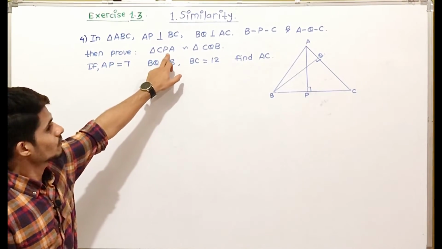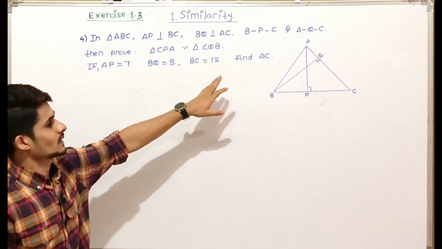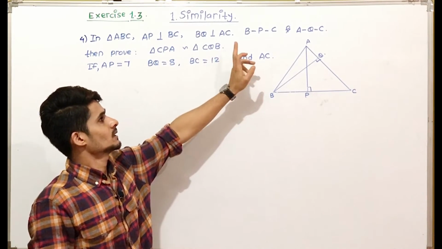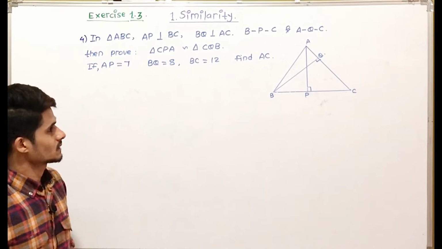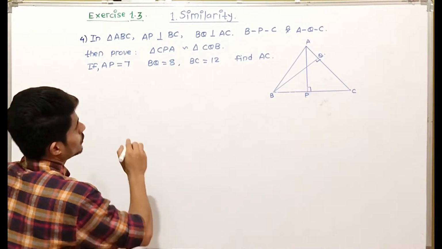Firstly, we have to prove the triangles are similar, and then after that, find the value of AC. So now we'll take two triangles.